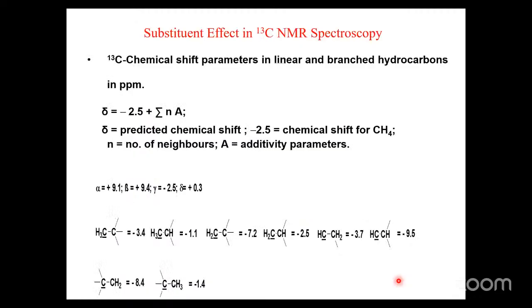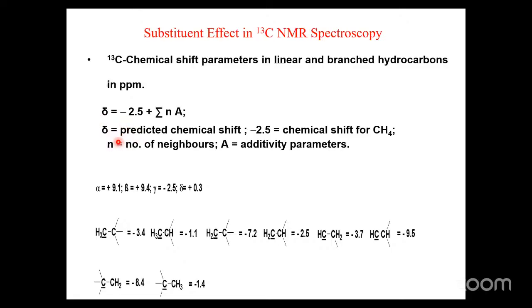We can observe the substituent effect in C13 NMR. In fact, in all the books we have this equation that you must have seen during your MSc. You can predict delta values of alkanes, alkenes, and aromatic compounds by using different equations.